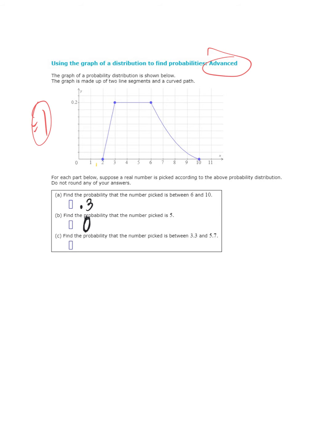All right, and last one. Find the probability the number picked is between 3.3, here's 3.3, and 5.7. And let's approximate 5.7 right there. So I'm going straight up. I've got a rectangle again. Area of a rectangle is base times height. So my width is the 5.7 minus the 3.3.